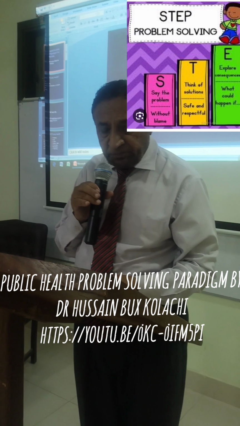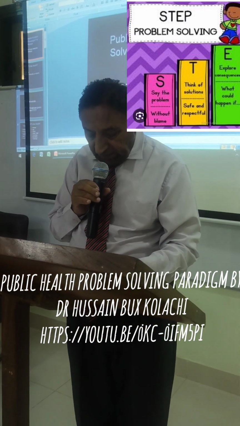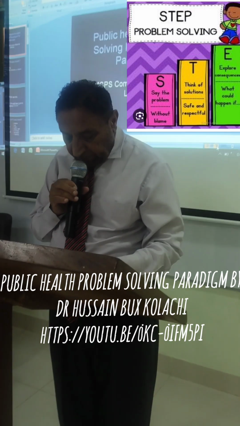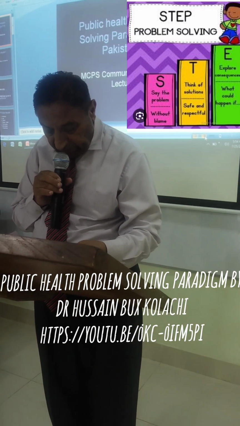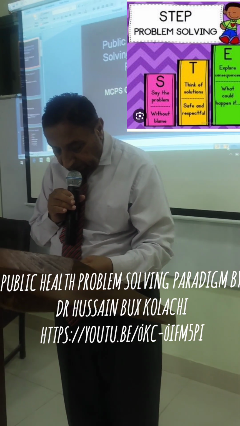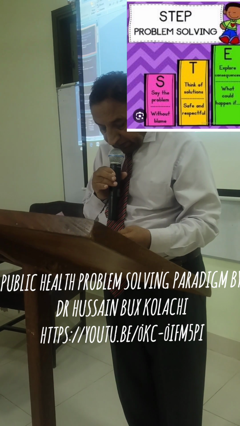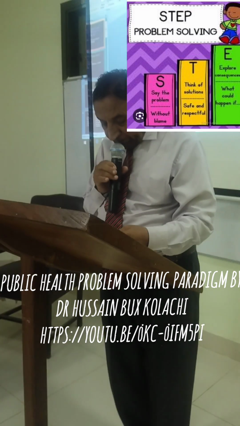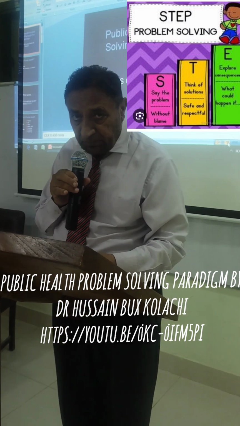You have to go for the intervention, developing the intervention and prevention strategies. Then coming to the fifth, it is setting priorities on strategy. Which should be the first step to solve this problem?